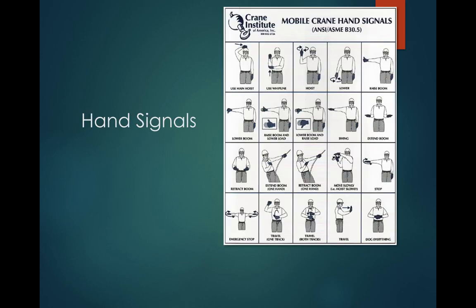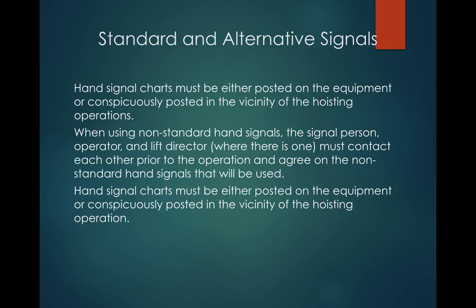Communication is the most important key, so make sure that your person that is directing the crane operator knows all the signals. These are pretty much most of them right here. Standard and alternative signals.